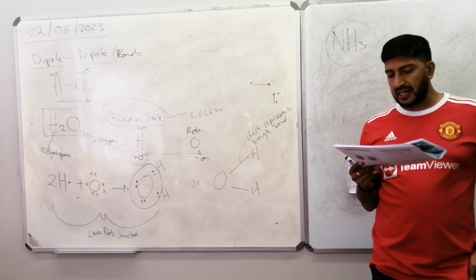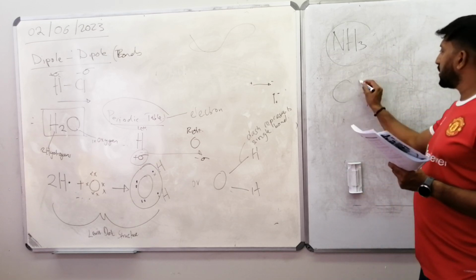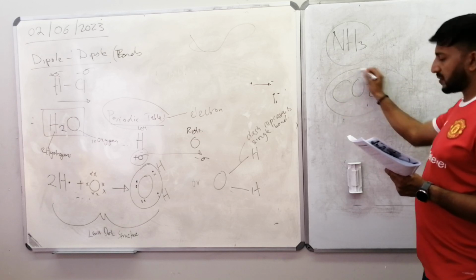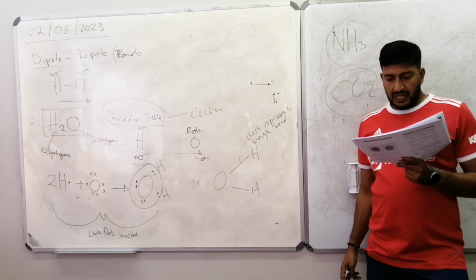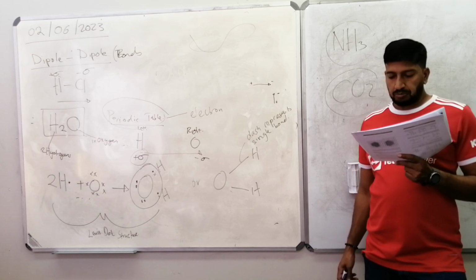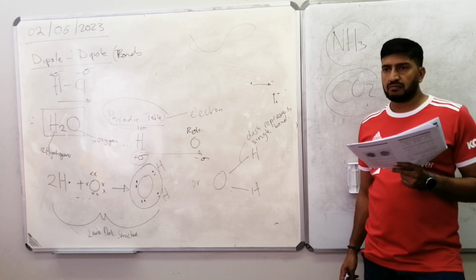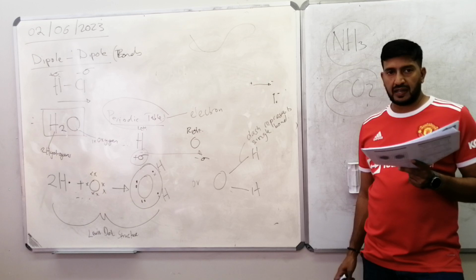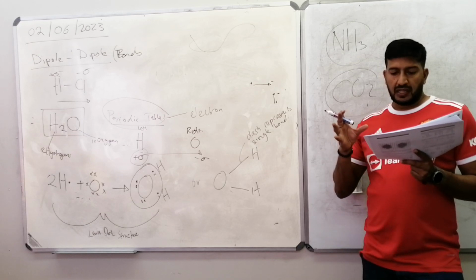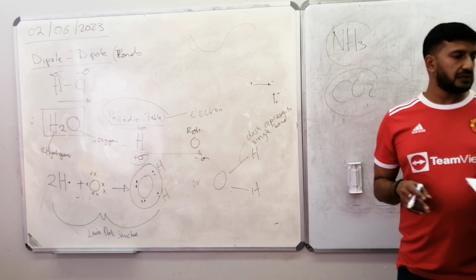Then we're looking at something else. The next one we're looking at is CO2, carbon dioxide. In carbon dioxide, you can see what we did here. We put the C as the central atom. Because remember, if you look at carbon, what group is it?